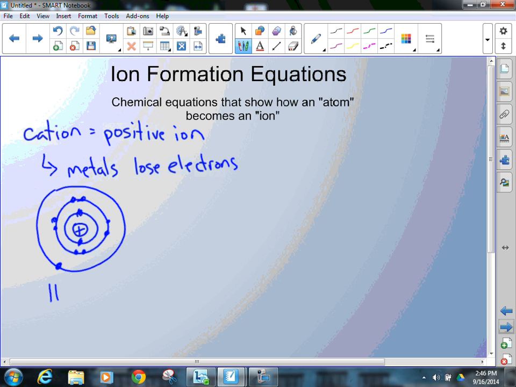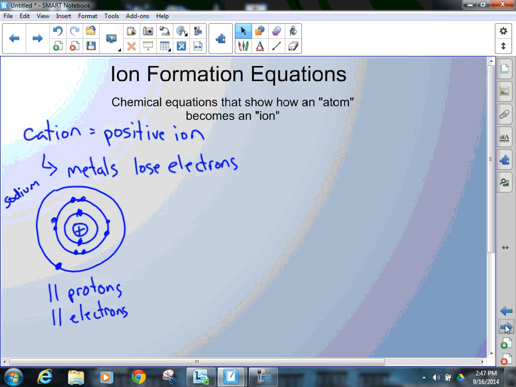So since this is a sodium atom, it has 11 protons and 11 electrons. I'm getting this from its position on the periodic table, right? And out here in its outer energy level, it only has 1 electron, so it has 1 valence electron.